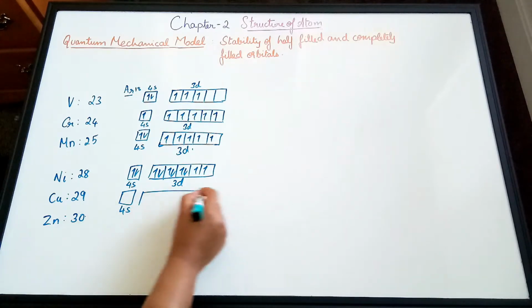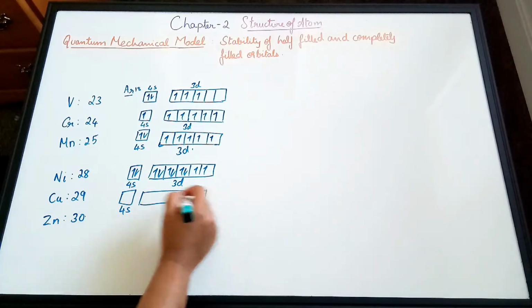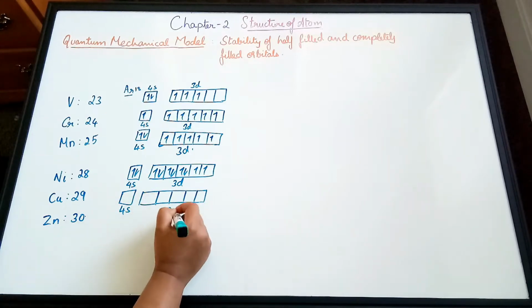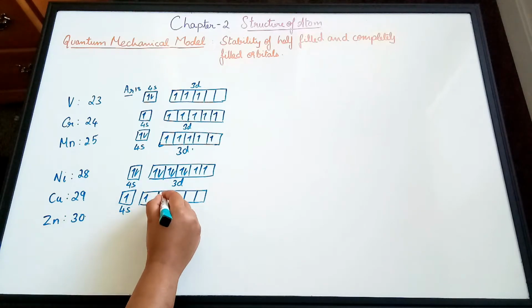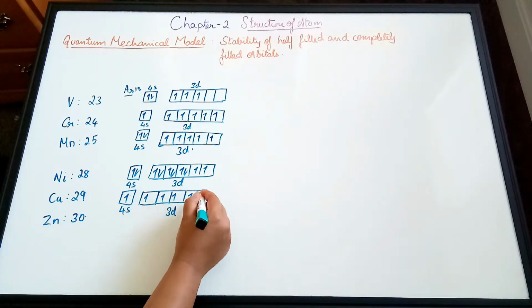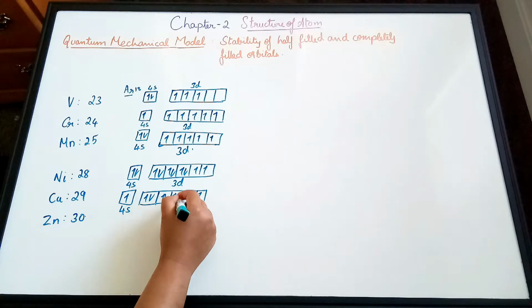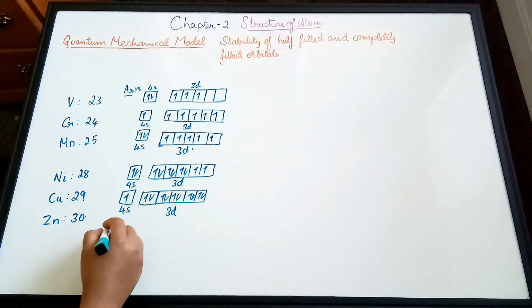For copper, it would have 4s1 and 3d10, so here again you will have 10 electrons in 3d. Whereas for zinc, it's going to be full.